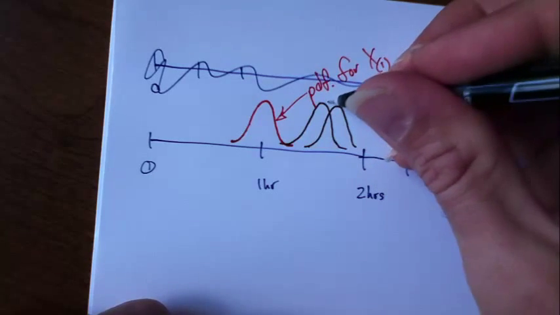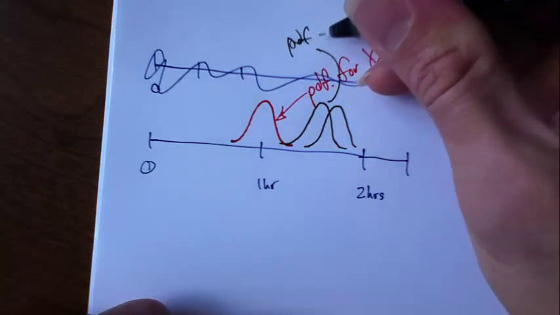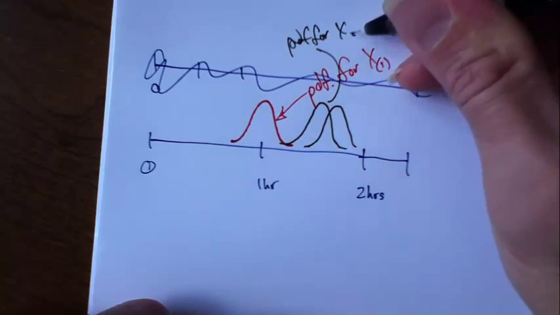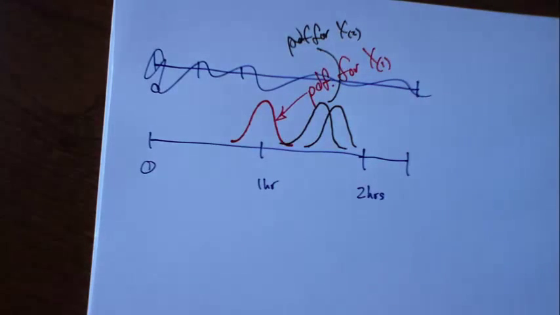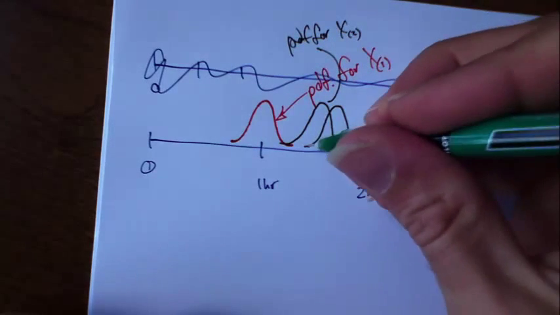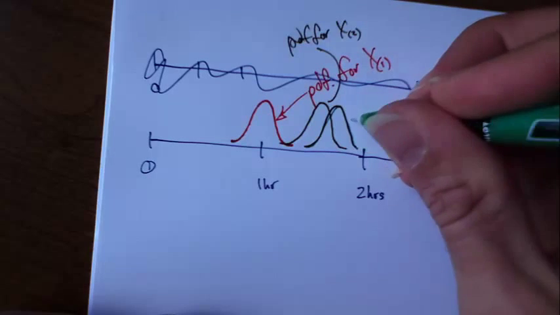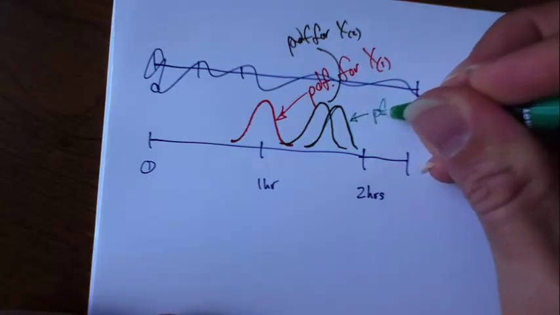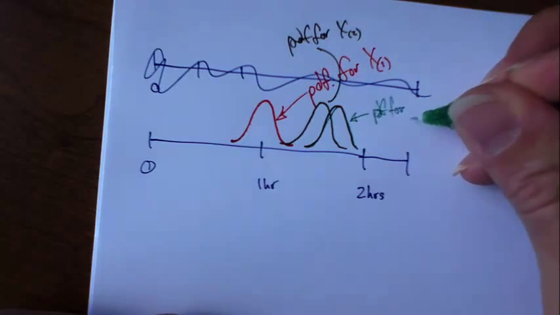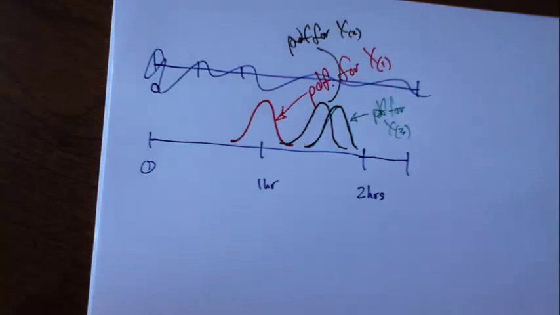Okay, so this is the PDF for x2 in parentheses, because we're looking at the second place finisher, and this one is green. I'm going to color that green. This is the PDF for x3 in parentheses.